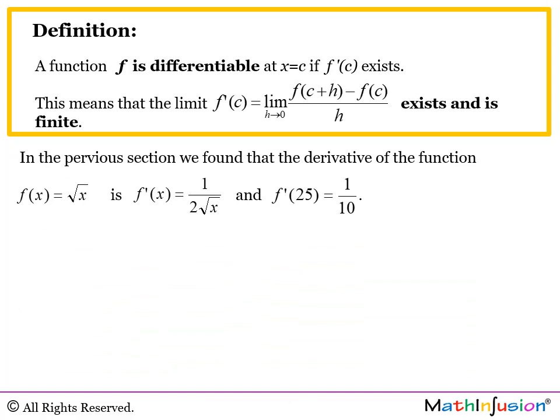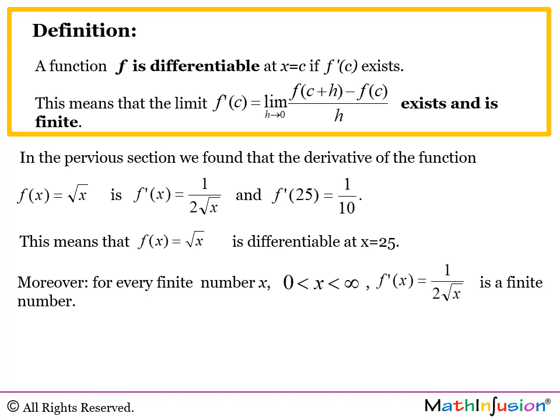In the previous section, we found that the derivative of the function f(x) equals square root of x is 1 over 2 square root of x, and we also found out that the derivative of the function at x equals 25 is 1 over 10. This means that the function f(x) equals square root of x is differentiable at x equals 25.